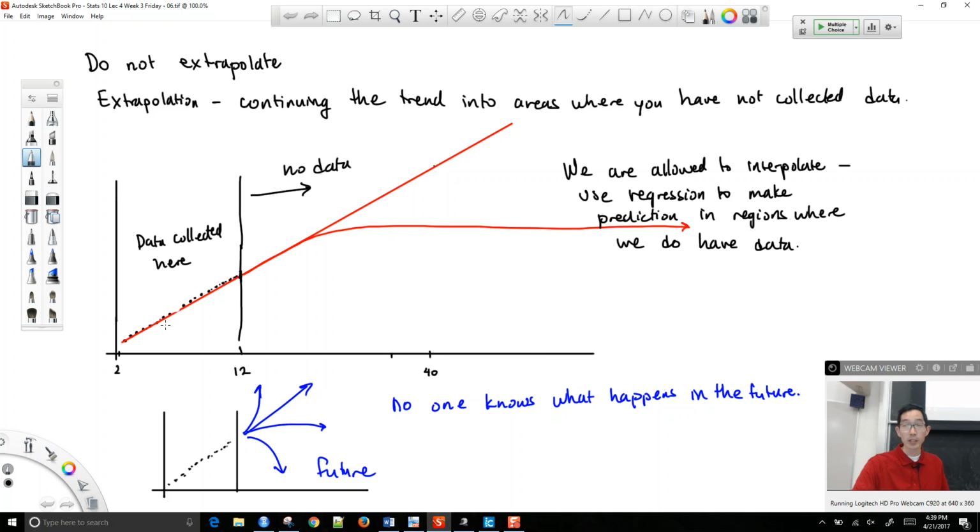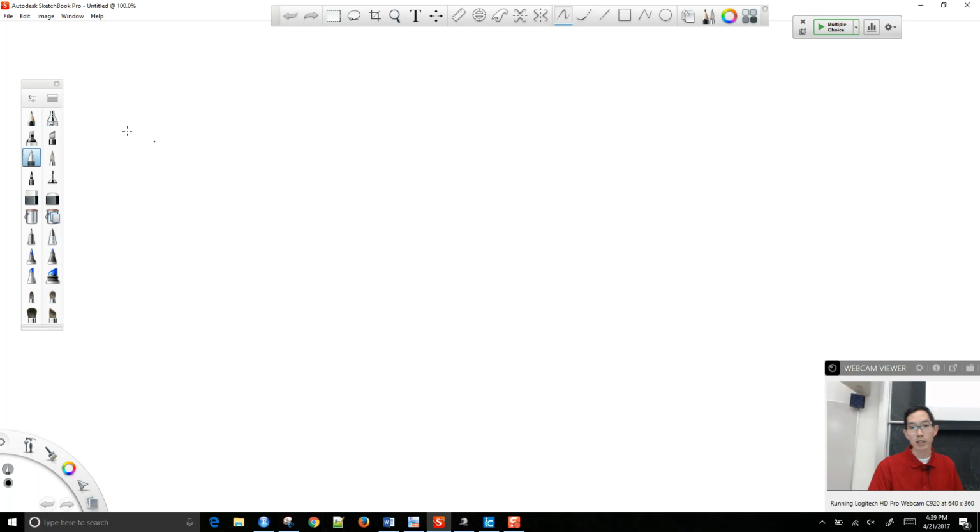Okay. And then we have one last thing. This is not a warning, but just a final concept, and this is the r squared value. R squared is known as our coefficient of determination.